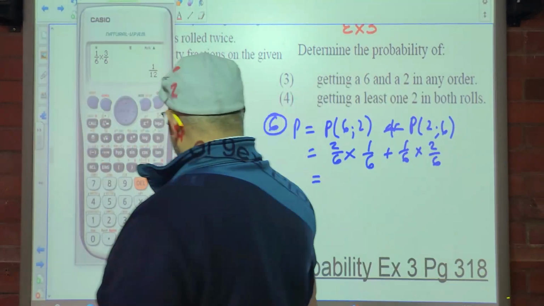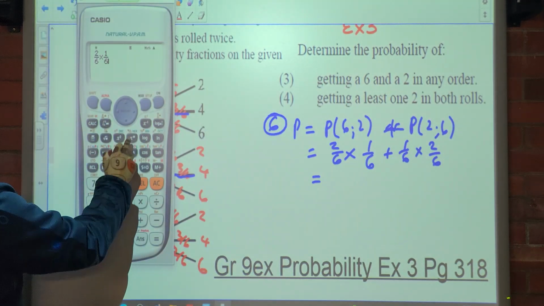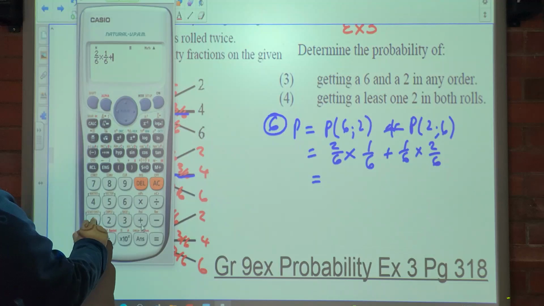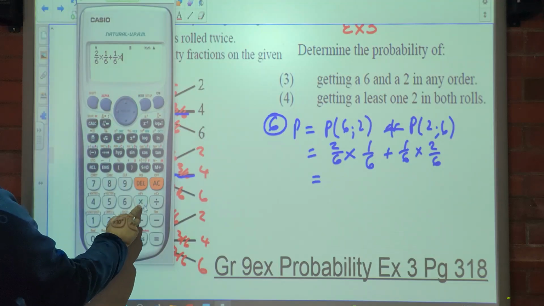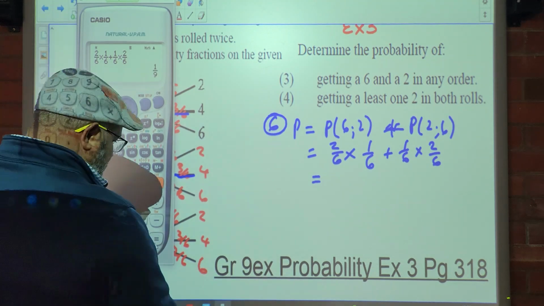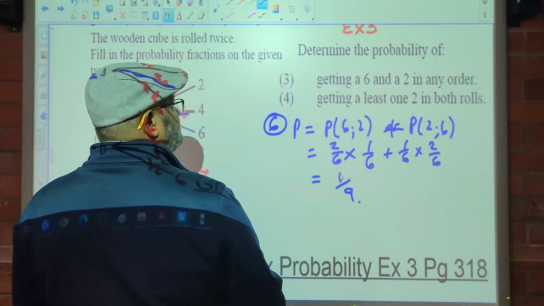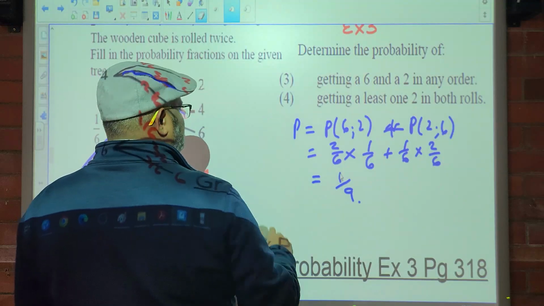Okay. So it will be 2 over 6 times 1 over 6 plus 1 over 6 times 2 over 6. Is it 1 over 9? Okay. Why did I write a 6 here?